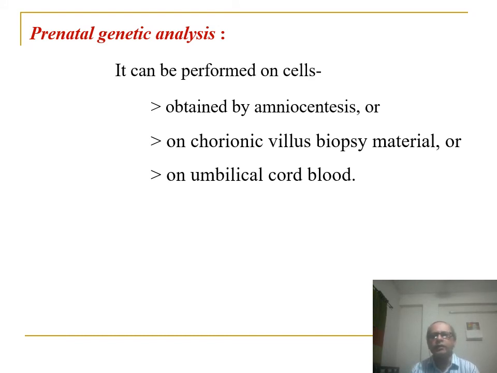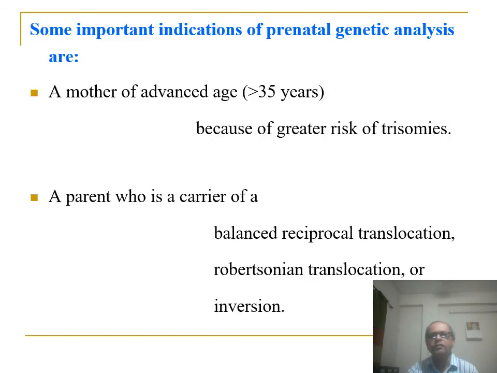Prenatal genetic analysis. It can be performed on cells obtained by amniocentesis, on chorionic villus biopsy material, or on umbilical cord. Some important indications of prenatal genetic analysis are a mother of advanced age, that is more than 35 years of age, as there is increased risk of trisomies.